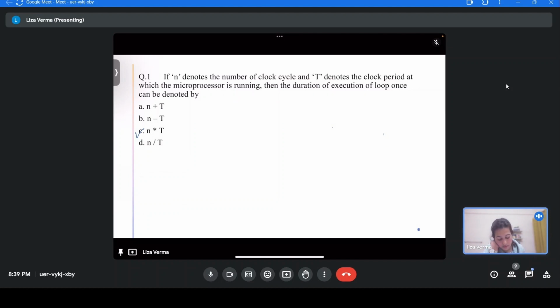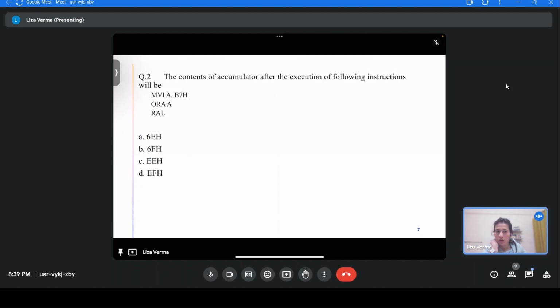So the first instruction is MVI A, B7H. You can see the screen, right? Yes, ma'am. Now it's visible. So what will this do? Step by step. MVI A, B7H: A will get B7.